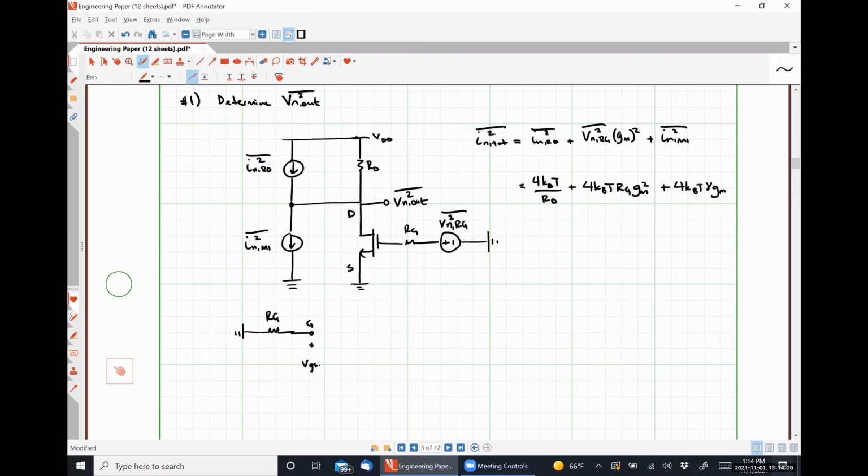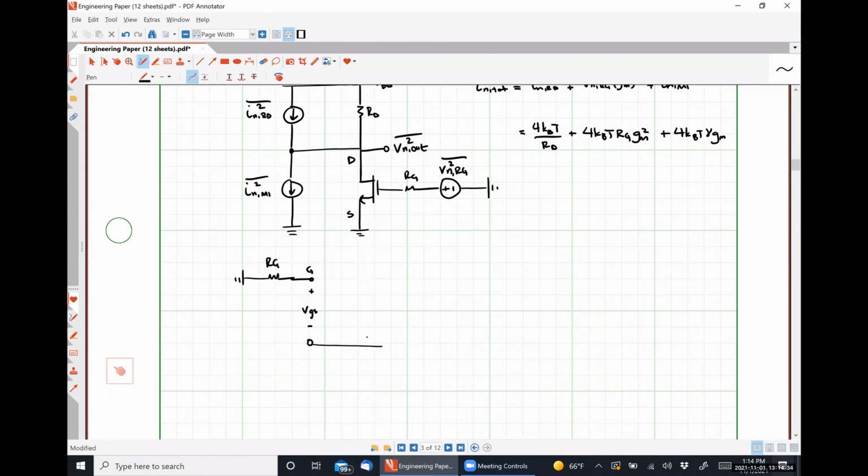So this is going to be our voltage VGS. Our source terminal for our transistor is grounded. Here we have GM VGS. Since our channel length modulation is ignored, we won't have that resistor R out to worry about here. So I'm going to put this guy in. So this is IN total.